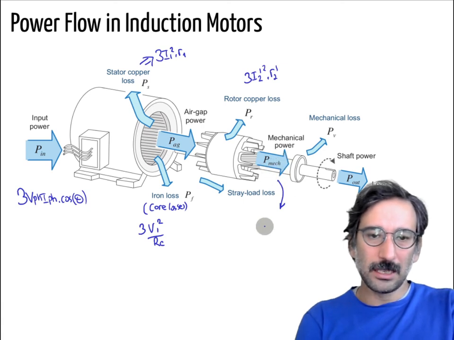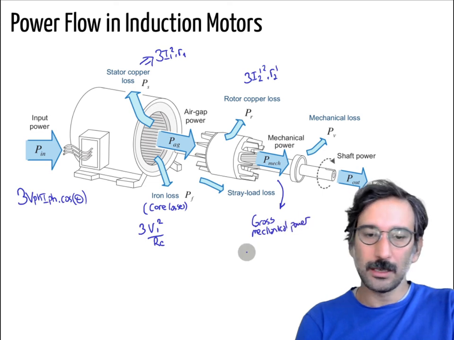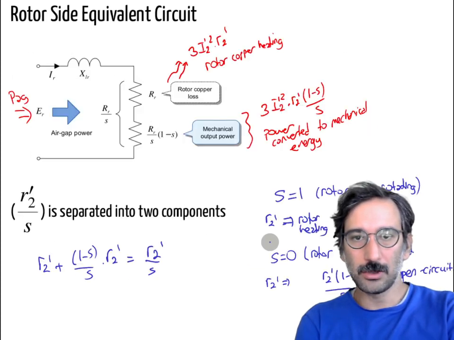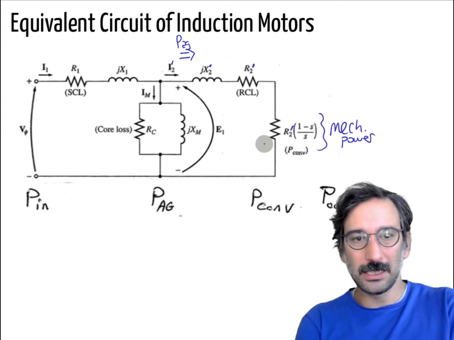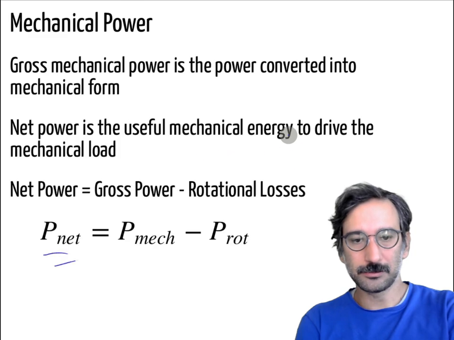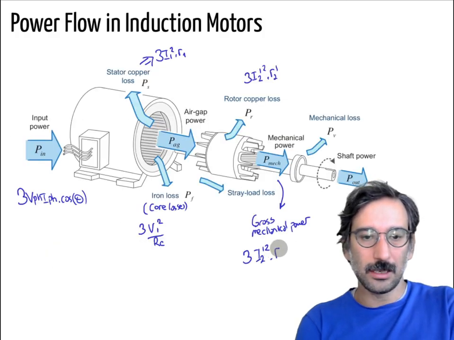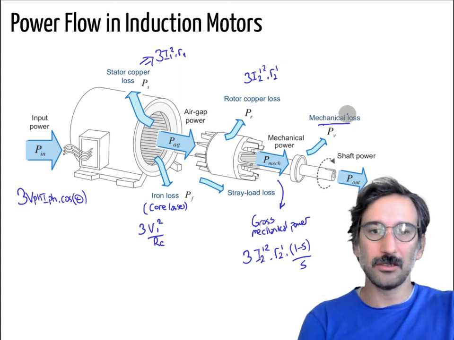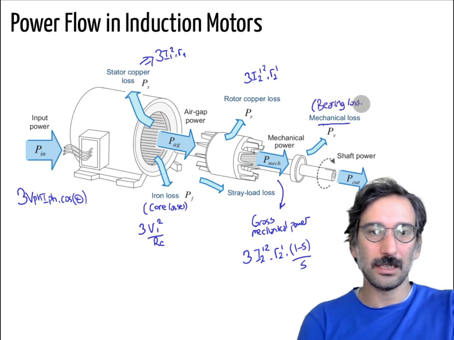So for mechanical power, this side is the gross mechanical power, and that is 3 I2 prime squared times R2 prime times (1 minus S) over S. That is our gross mechanical power. Then some of that power is dissipated as heat in mechanical form: mechanical losses, bearing loss and other frictions.